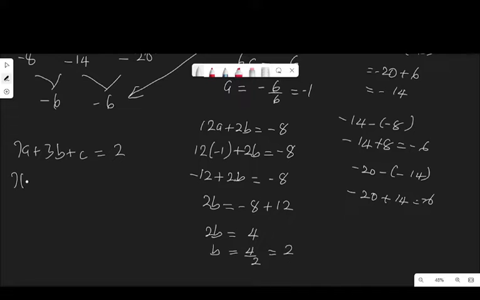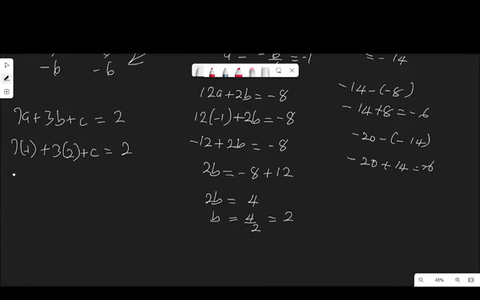So 7 times minus 1 plus 3 times 2 plus c is equal to 2. 7 times minus 1 is minus 7. 3 times 2 is 6. Minus 7 plus 6 is minus 1 plus c equal to 2. C therefore is 2 plus 1, and minus crosses equality to become plus. So c is equal to 3.